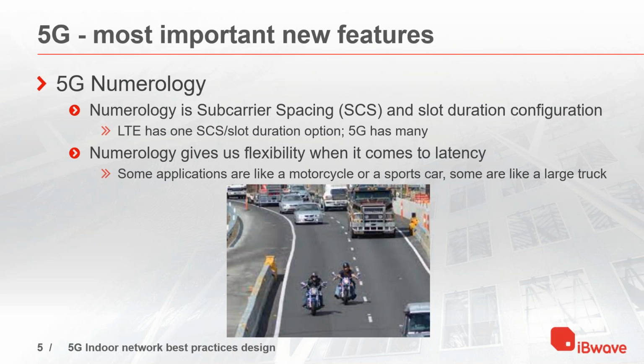And we need that because if you look at 5G as a highway, then when you observe the traffic on a highway, you see different vehicles. There are motorcycles, there are sports cars, and there are large trucks, and there is everything in between. And you can view the numerology as different types of transportation on that 5G highway.